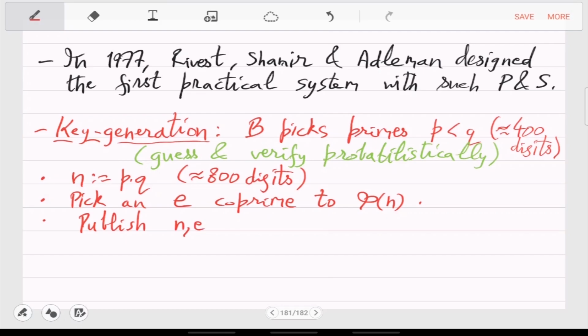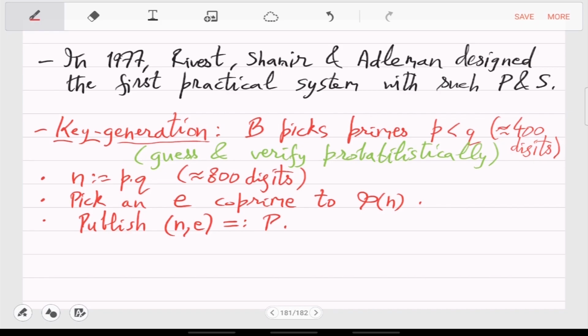So n comma e, the bank publishes. That's the public key. So the bank announces that modular arithmetic will be done, and exponentiation will be done of the message by e. So this everybody can do, right?